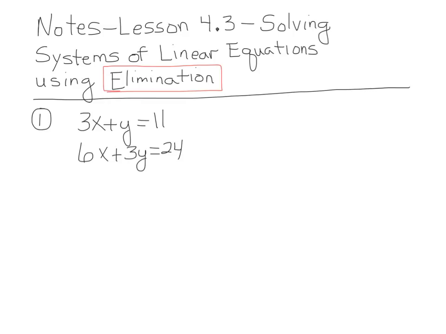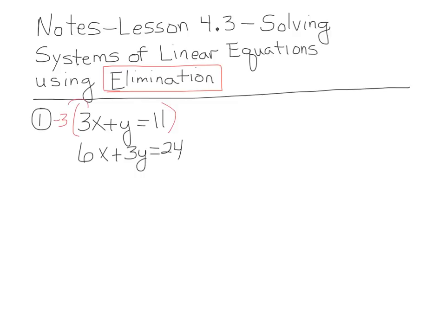But I'm going to make the y's become opposites. Since this is 3y, I want this to become negative 3y. So to do that, I'm going to multiply this entire equation by negative 3.